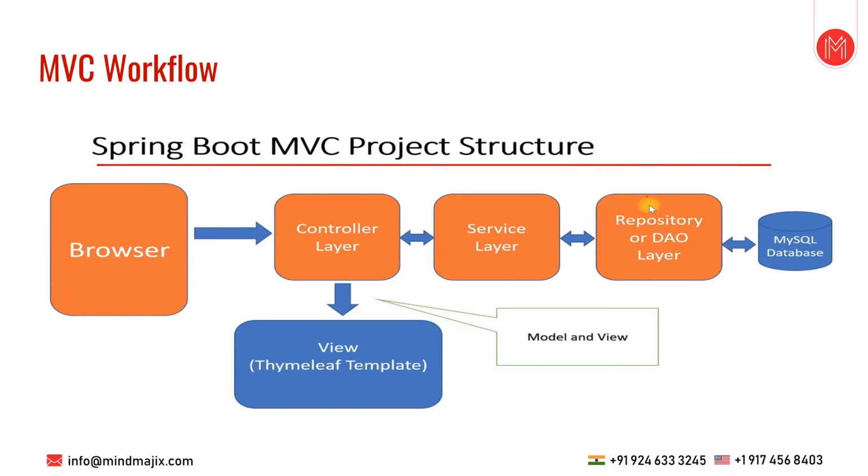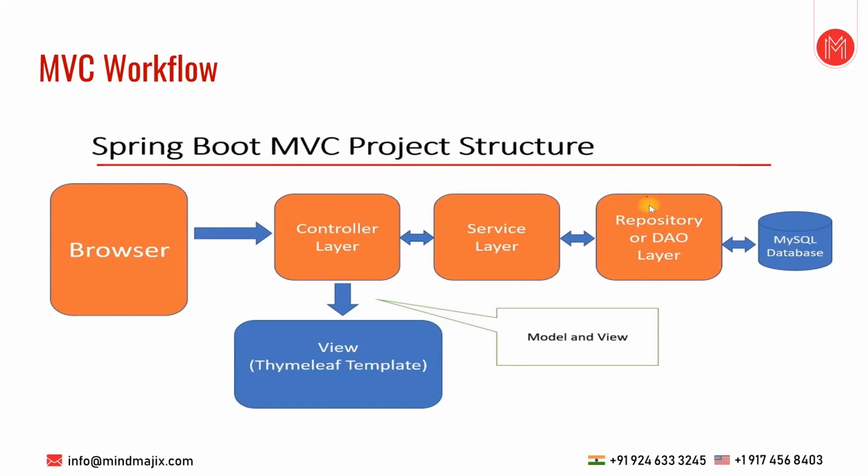Now what happens in the business layer? This business layer handles the business logic. It contains service classes and performs authentication and validation. After that, it enters the persistence layer. It contains the storage logic that translates the business object to database rows.